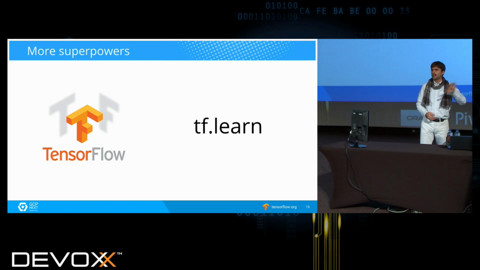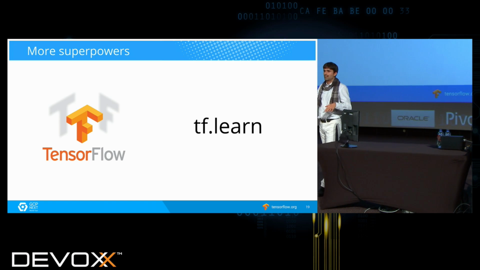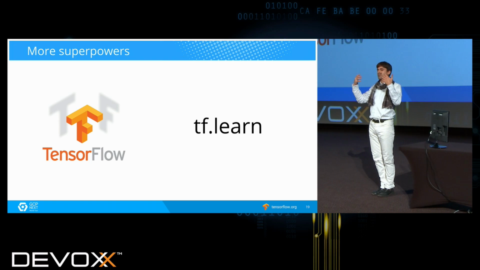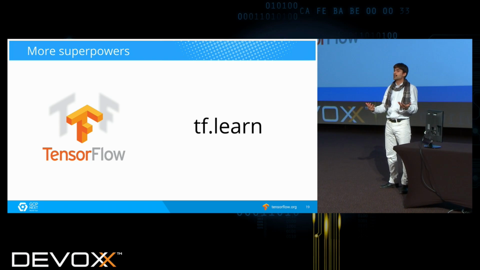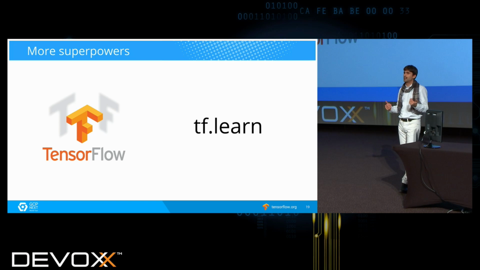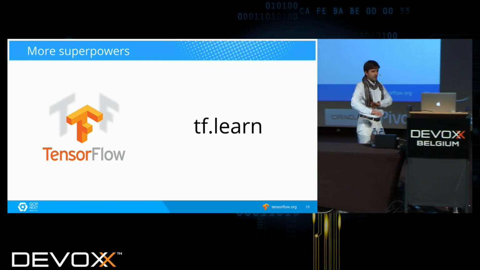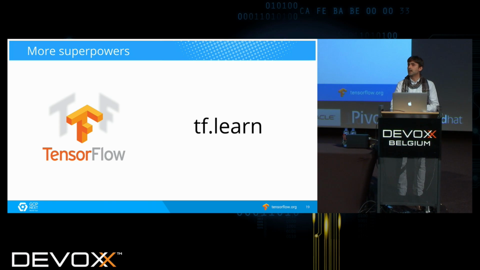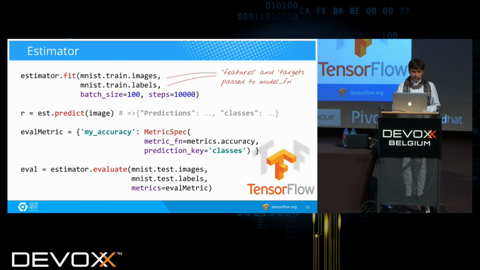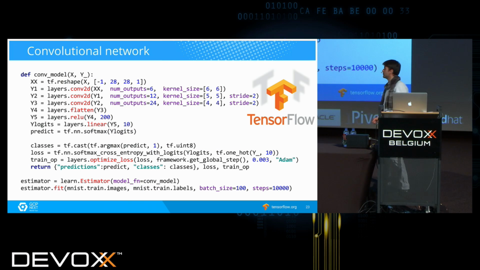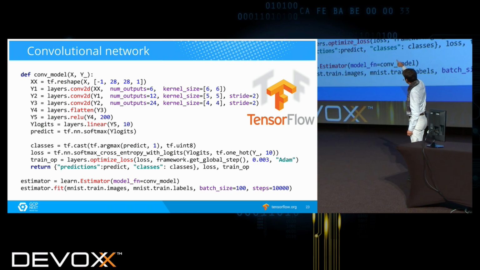I'm just mentioning this in passing because everything we have seen today was low-level TensorFlow. We have been manipulating matrices. But actually, once you understand what you're doing, once you understand which layers you want and so on, you want to manipulate layers individually. So there is an API in TensorFlow to manipulate layers directly. To give you a little feel for it, this is how I could write my convolutional model.